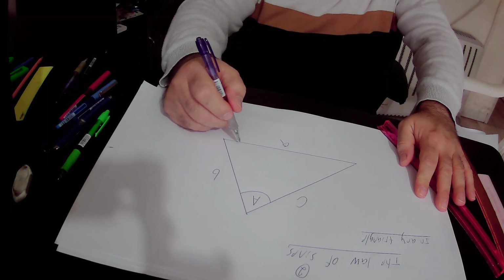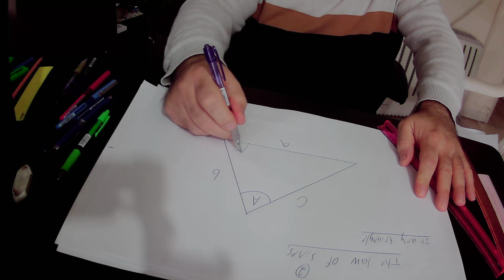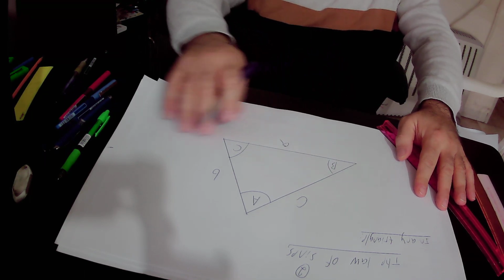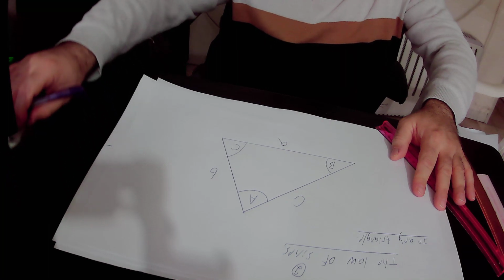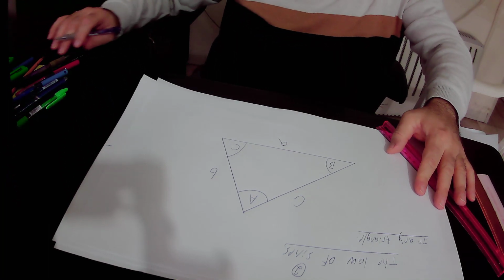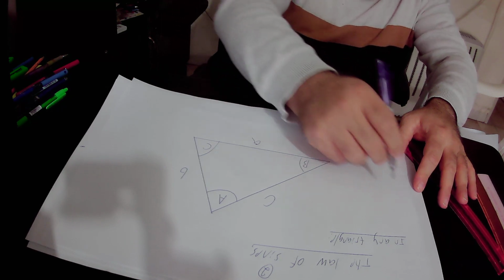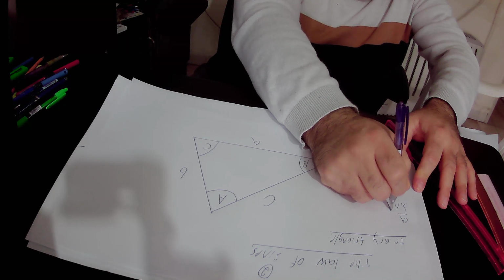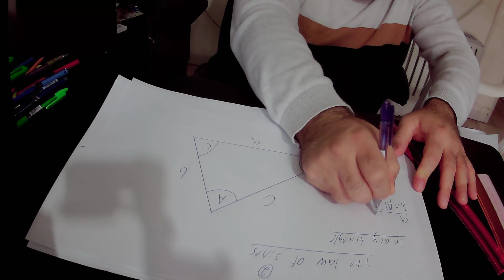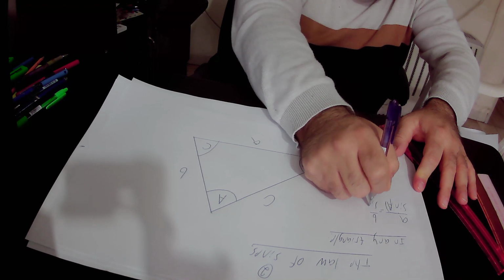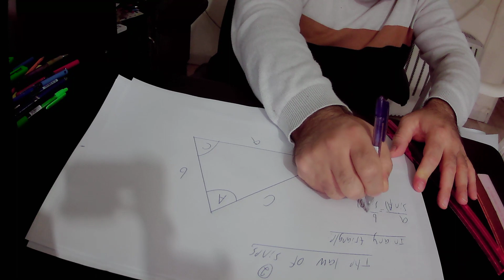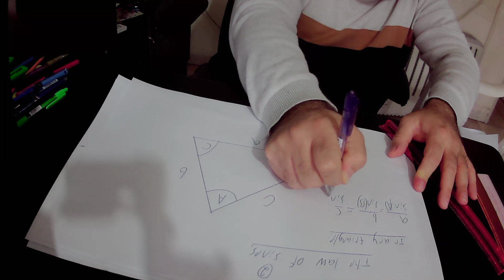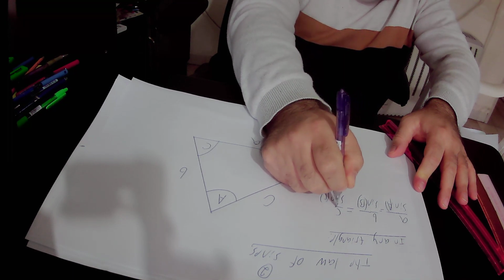The size of this angle is C, and the size of this angle is B. Then, according to the law of sines, A over sine A equals B over sine B equals C over sine C in any triangle.